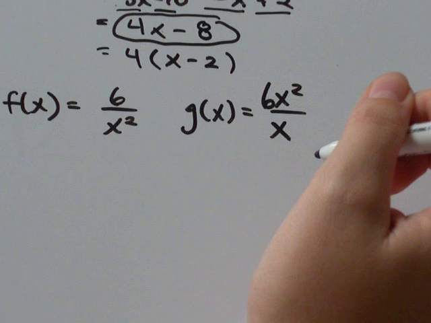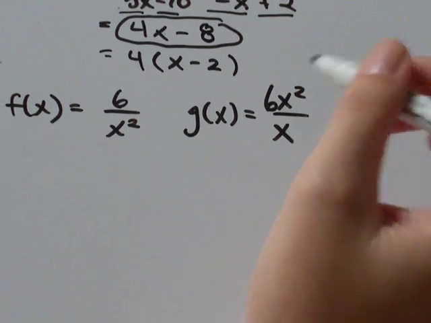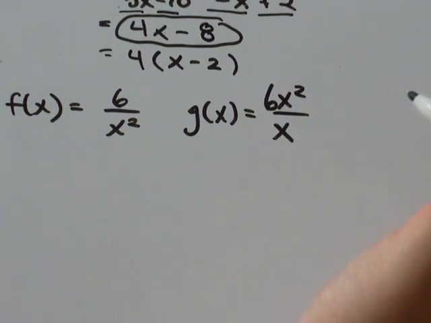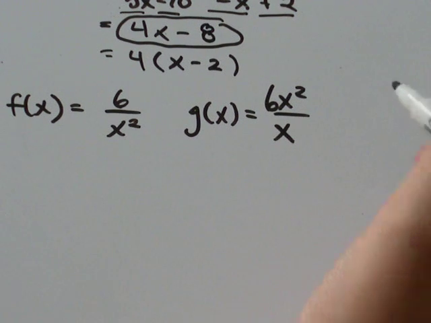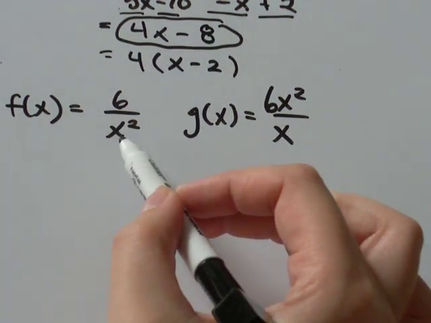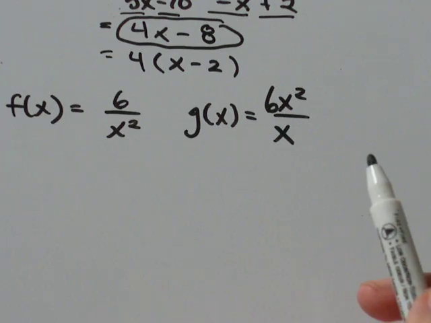Obviously you could simplify that down further and just get 6x, but we're just going to leave it as a fraction just so I can show you what to do when you have an x and an x squared as the denominators in your fraction.